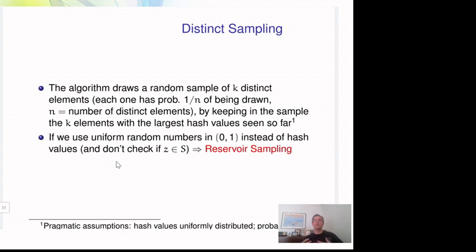And also, we can assume that those hash values will be essentially random. Therefore, the set of k elements with largest hash values, or smallest hash values, is essentially a random sample of size k. Every distinct element in the set, in the stream, has the same probability of being sampled.